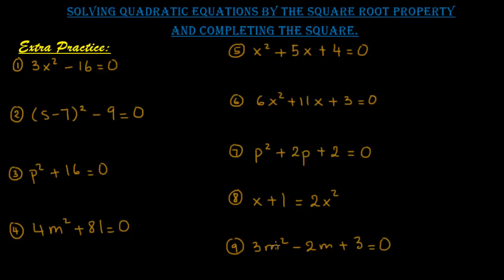Problem 9, the answer is a little bit weird. It's not a nice answer, but it's still solvable as long as you understand how to solve the problem by completing the square.